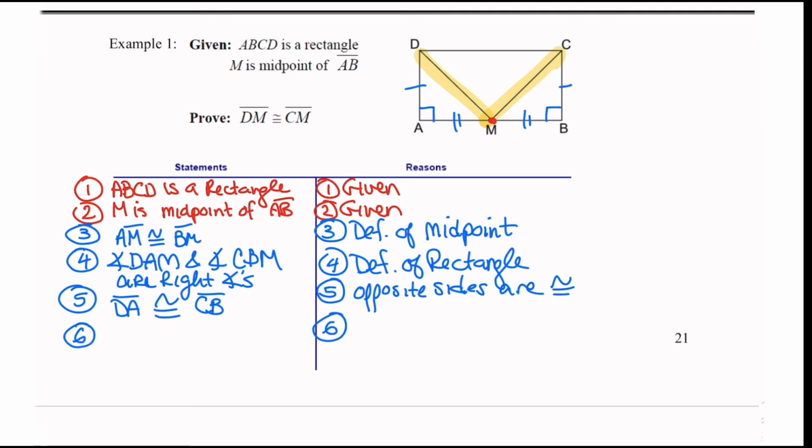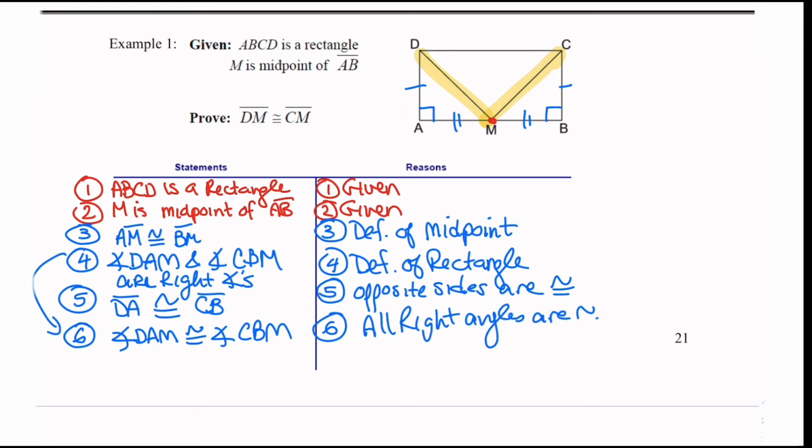So lastly, we now have the triangle DAM is congruent to triangle CBM by way of, oh wait, we can't say that just yet. Back the truck up. We have to say that the right angles, angle DAM is congruent to angle CBM because all right angles are congruent.